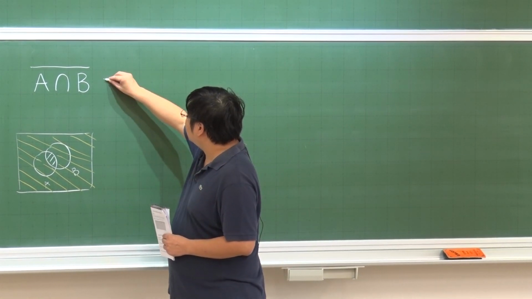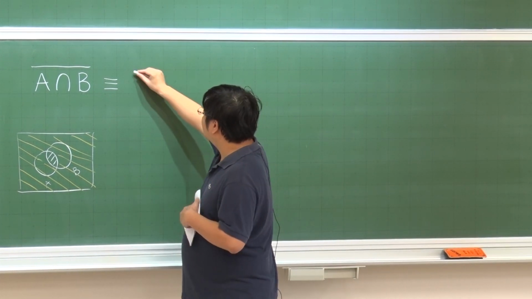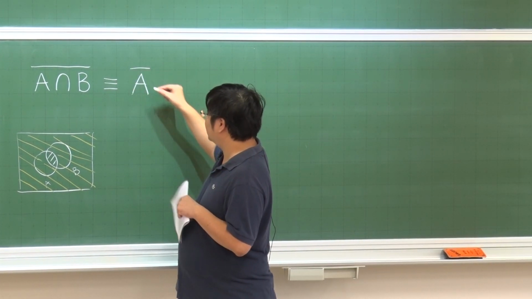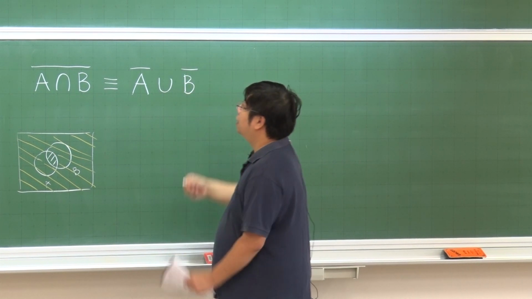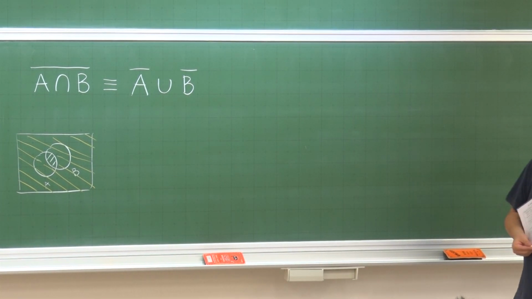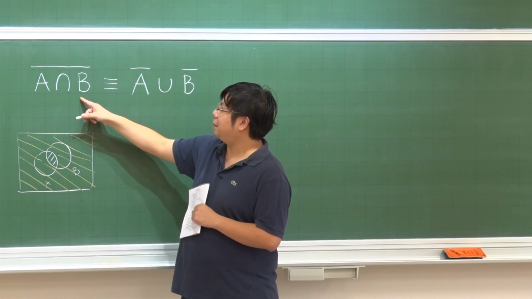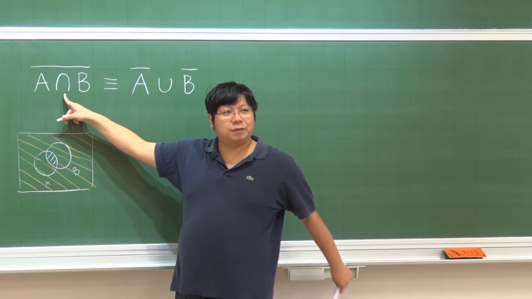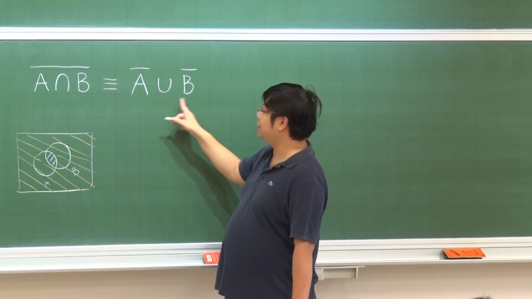We want to show that this is equivalent to the complement of A union the complement of B. This is a particular case of De Morgan's law. To complement A intersect B, you complement A, change intersect to union, and complement B. So we get this.